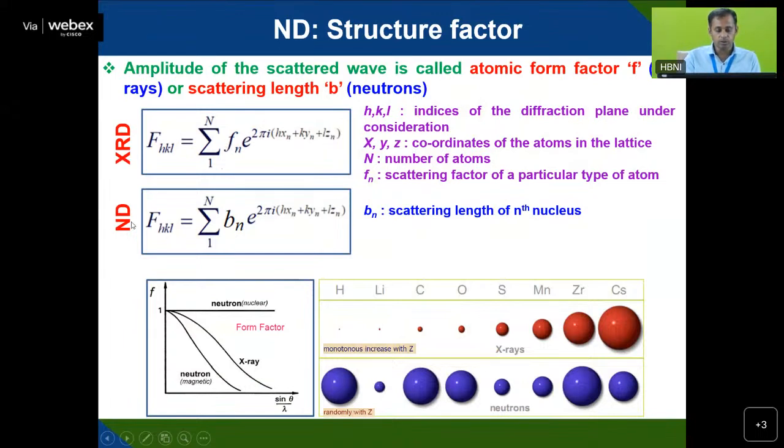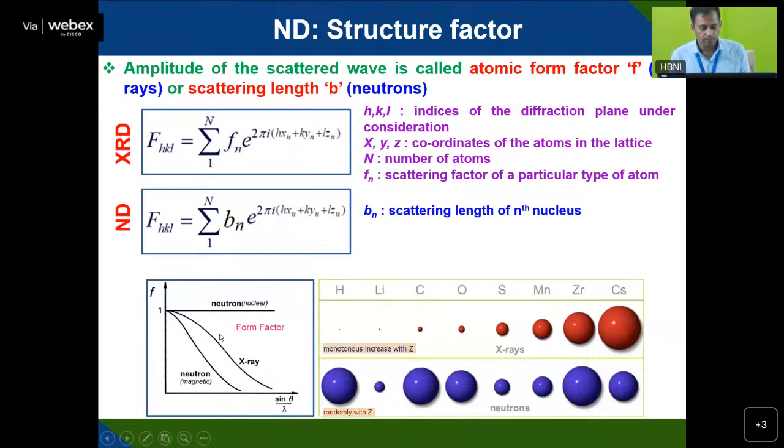So here in neutron diffraction, the form factor f is replaced by the scattering length b, where b_n is the scattering length of the nucleus.